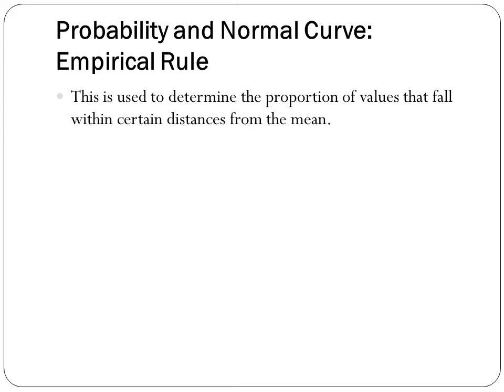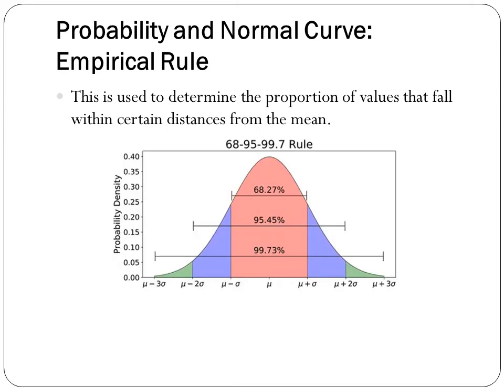The empirical rule in statistics allows researchers to determine the proportion of values that fall within certain distances from the mean. So as you can see in the picture right now, we have here the normal curve, but we have calculations of the percentage or the probabilities under that particular area of the curve.